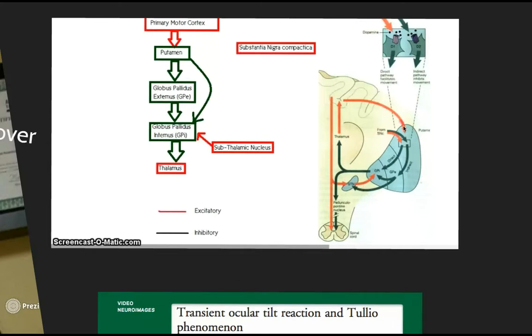So you could see that when we activate this indirect pathway, we're going to activate the globus pallidus pars externus, which likes to inhibit the subthalamic nucleus. The subthalamic nucleus is, in nature, trying to activate the inhibitor of the thalamus.